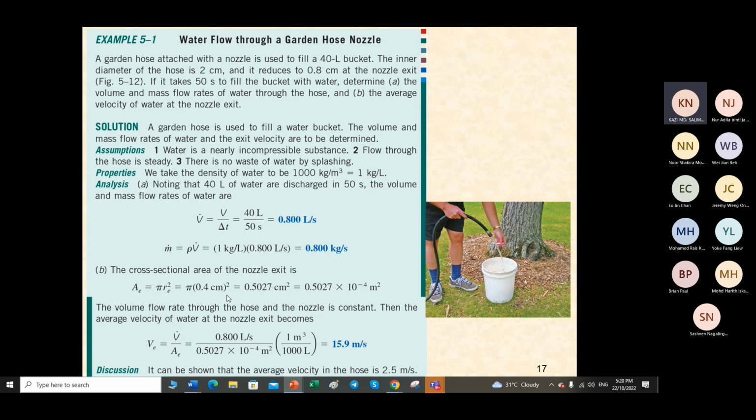Using pi d squared by 4 for the hose and for the nozzle, we get 15.9 meters per second at the nozzle exit, whereas for the hose, as it has the bigger diameter, it comes to 2.5 meters per second.